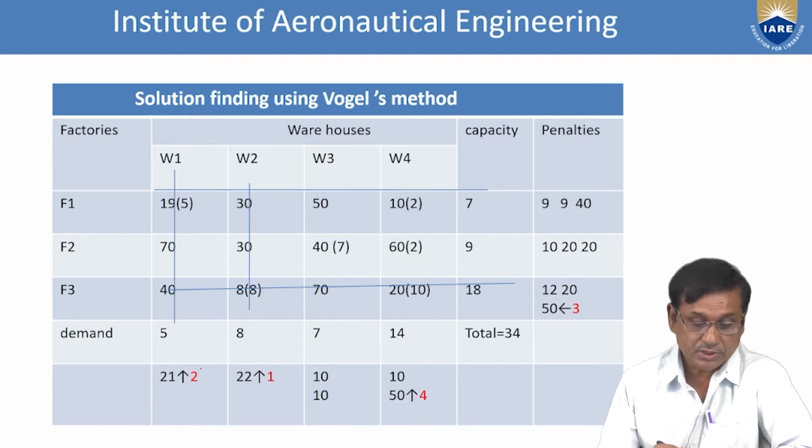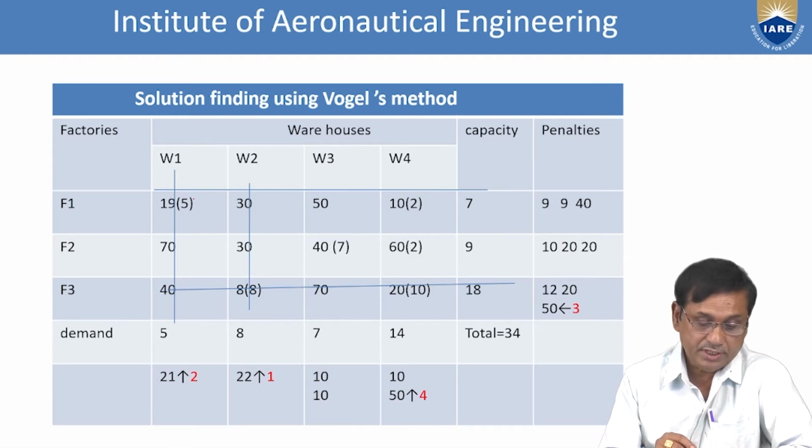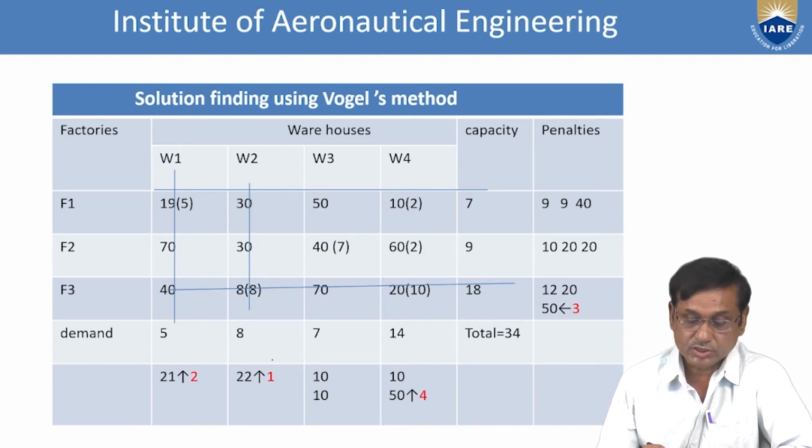Corresponding to the columns, in the first column the lowest element is 19, the next lowest element is 40. The difference is 40 minus 19, that is 21. In the second column, the lowest element is 8 and the next lowest element is 30. The difference is 30 minus 8, which is 22.